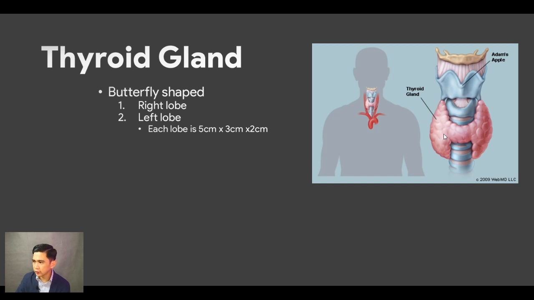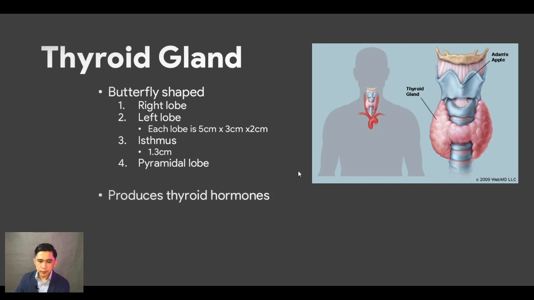So we have 5 by 3, and 2 centimeters in thickness. And we have what we call the isthmus. The isthmus is this one in the middle that bridges the right to the left. It is usually 1.3 centimeters wide, and sometimes we have the pyramidal lobe. It's in the middle. We don't have it here, but it is usually there.